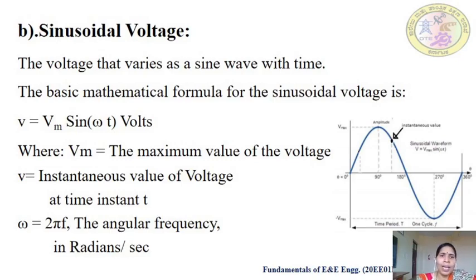If we know the maximum value, that is Vm, we can calculate the instantaneous values. Small v is the instantaneous value of voltage at time instant t. Omega is equal to 2 pi f, the angular frequency in radians per second, where f stands for the frequency. The definition will be explained in the next slide.